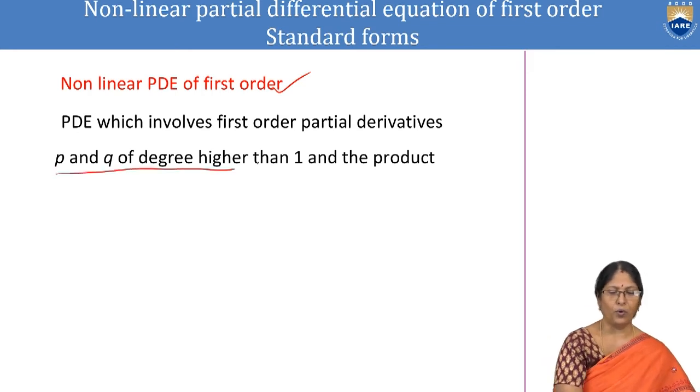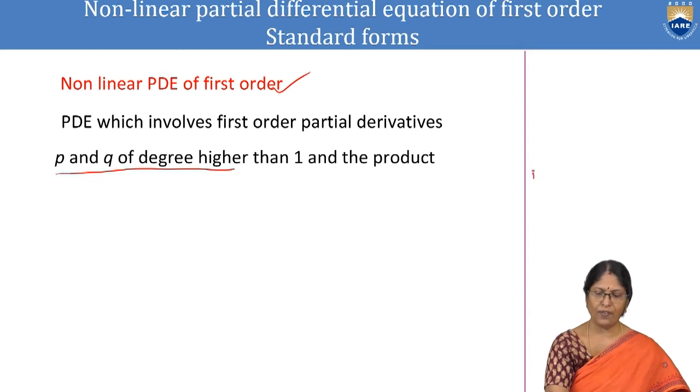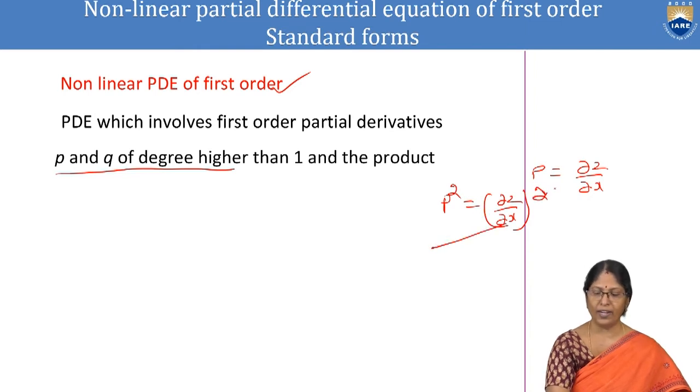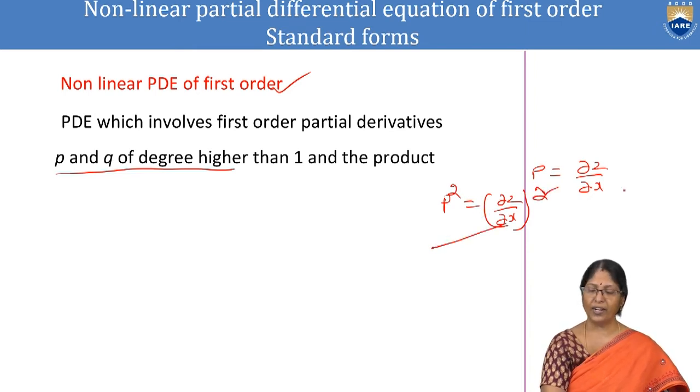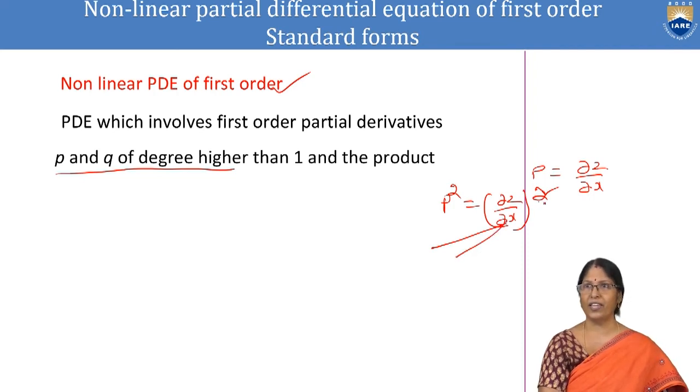p and q of degree higher than 1. If it is only p, it is dou z by dou x. But if it is p square, that is dou z by dou x the whole square, it is first order, but the degree is 2. If the degree is 1, it is linear. If the degree is 2, it is non-linear: first order non-linear.